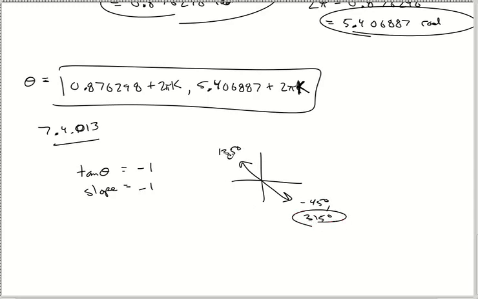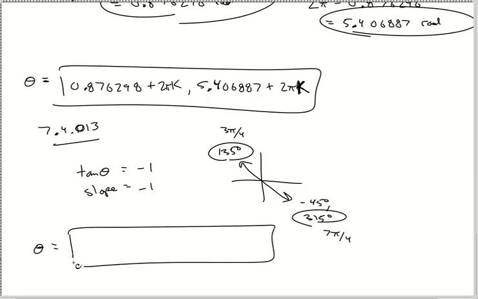If I were to actually use radians, though, this would be 3 pi over 4 and 7 pi over 4. So those are my two answers. And, of course, I want to give you the 2 pi k answers. So here we go. I'm going to say now 3 pi over 4 plus 2 pi k, then 7 pi over 4 plus 2 pi k.